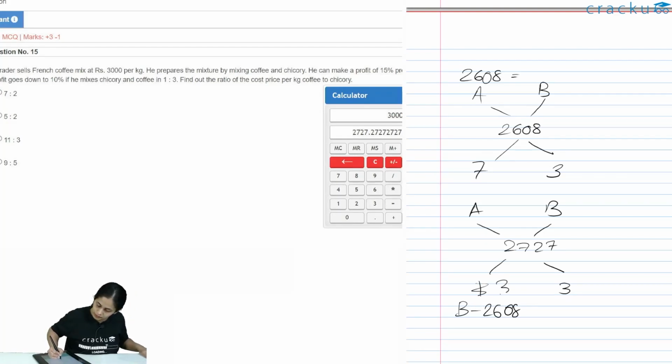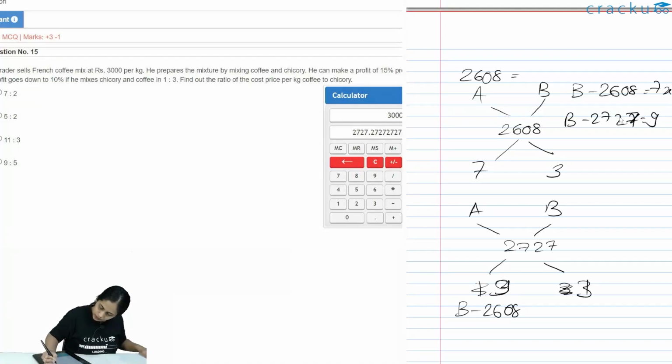So this is 3, this is 1. So this is 3:1, this is 7:3. This is again 9:3. Then basically this difference, B minus 2608 is 7x, B minus 2727 is 9x, so around 9x.